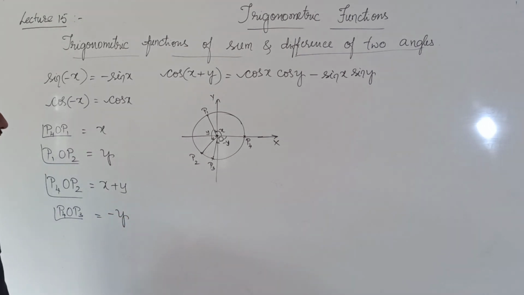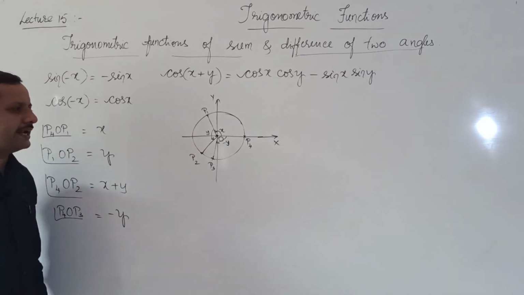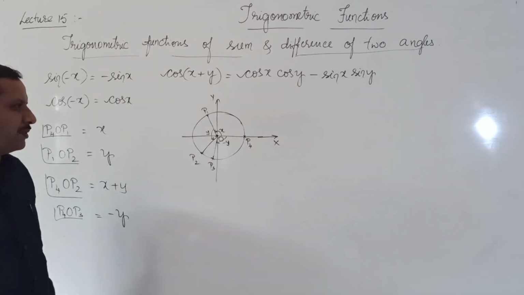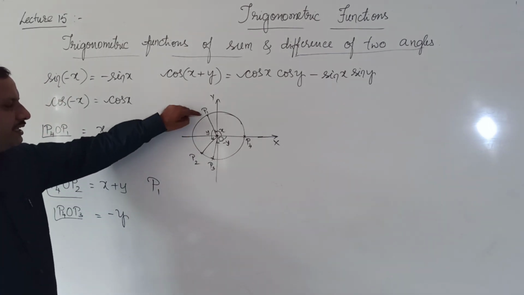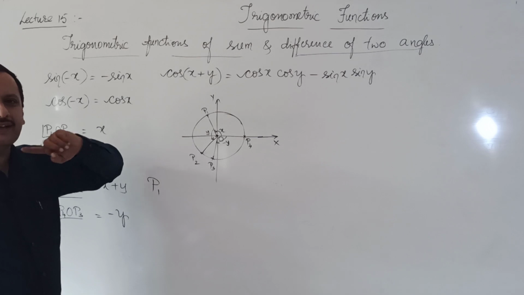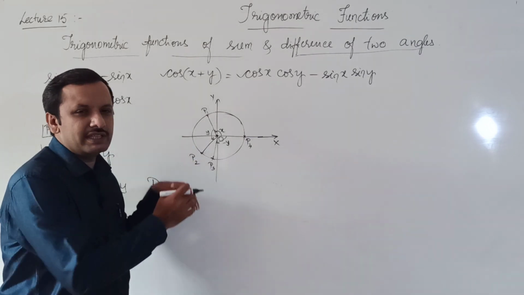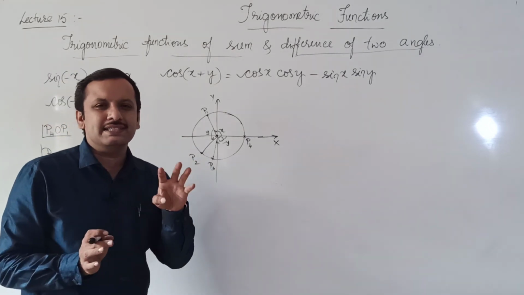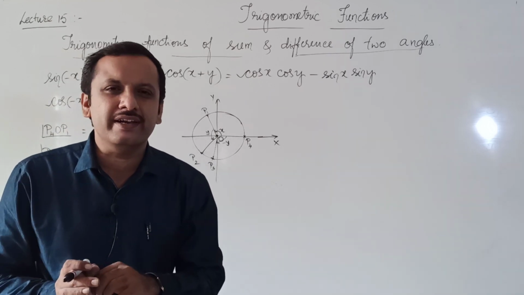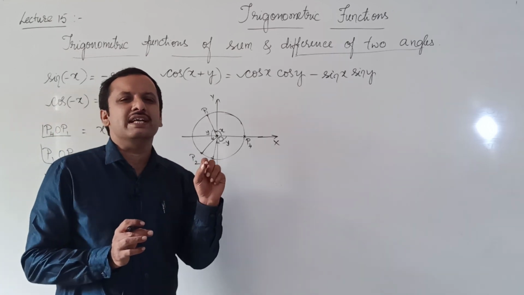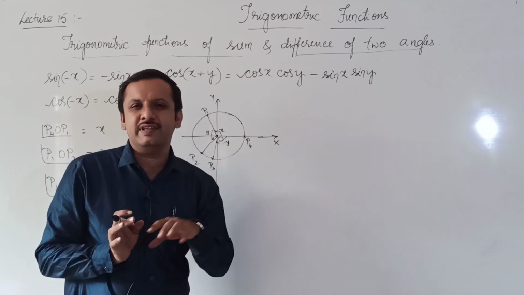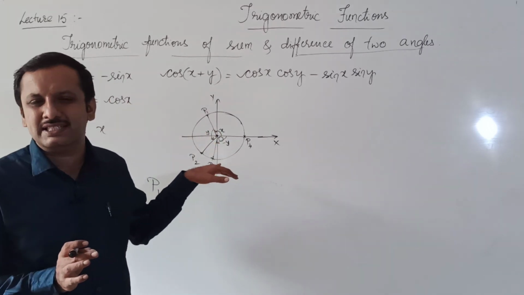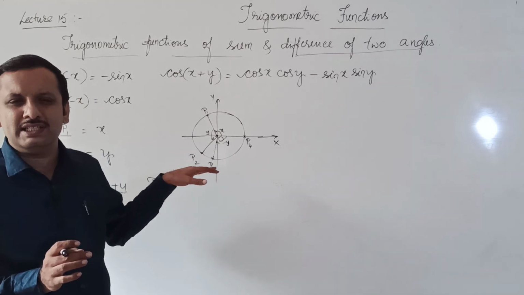Now I would like to write the coordinates of these points. Look at P1. Just before deriving this formula, I explained that I considered a circle with center at origin and radius R. Then that point x comma y, we can write it as r cos theta comma r sin theta, where theta is the angle made by that line with x axis and r is the radius of that circle.